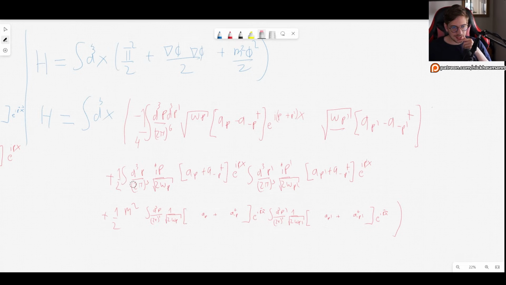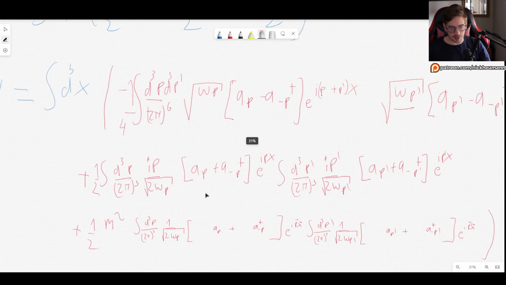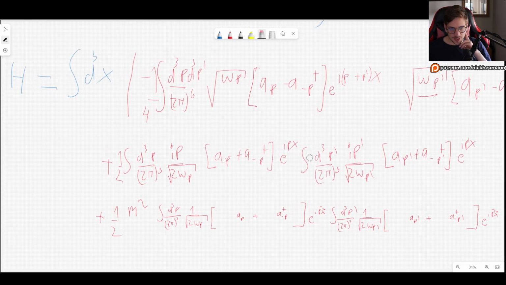And then here in the next part, we can do something similar. First let's begin with this. So I and I gives us a minus sign, and let's put the p's together. So we get minus p dot p prime. Then we have 2 pi to the 6th here. So that comes from this.